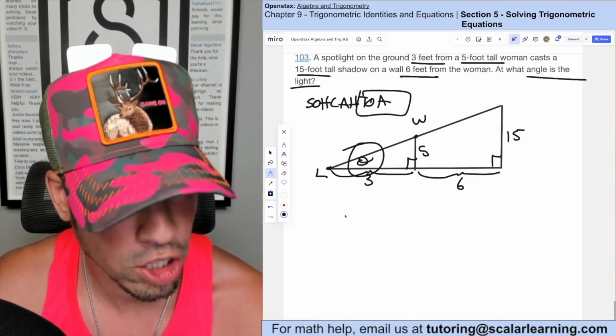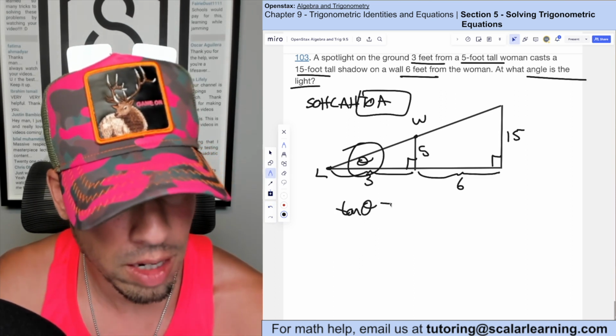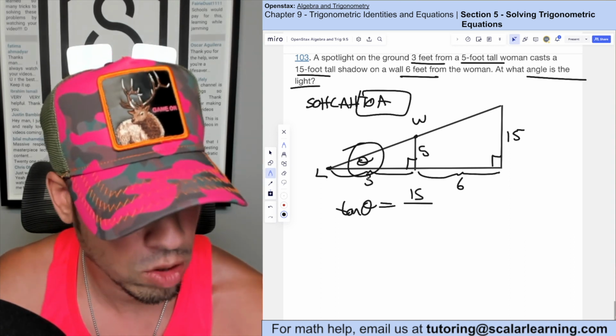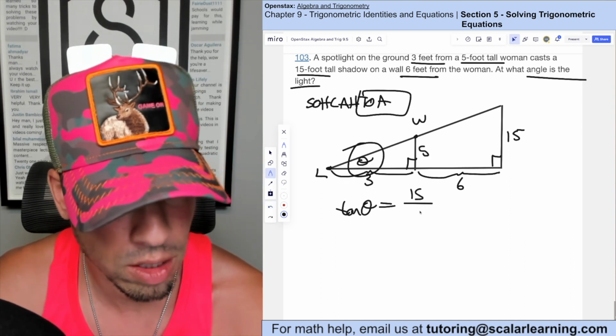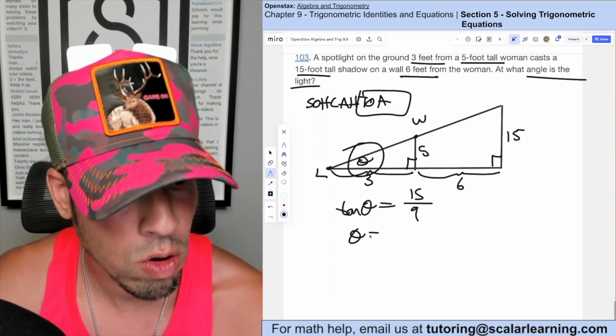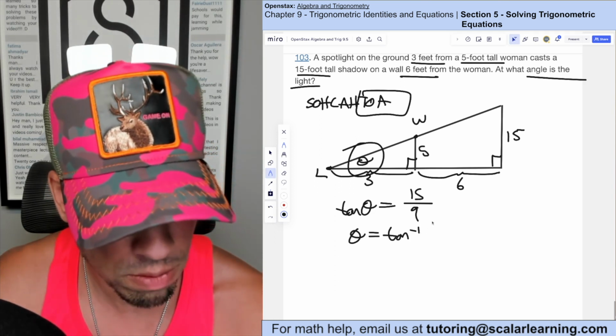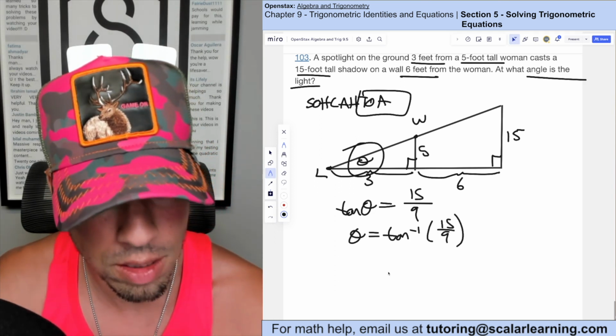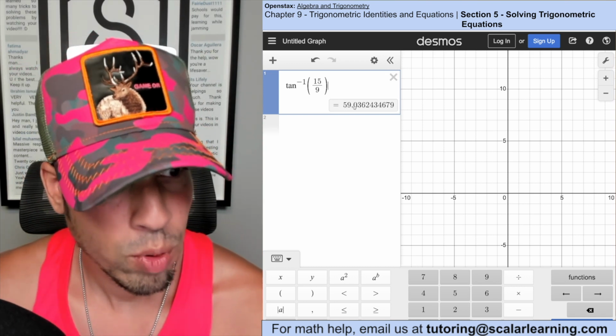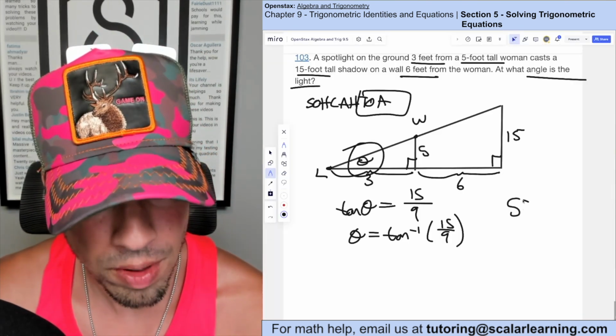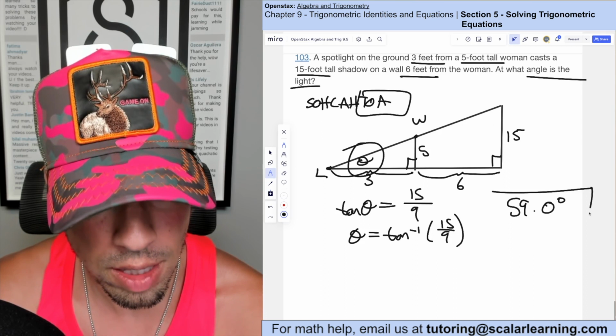Opposite, adjacent. So I got tangent of theta equals opposite, which is 15, over adjacent, which is these two together, which is 9. So to solve, we're going to take arctangent of 15 over 9. Let's do that in Desmos. So here we get 59.03. So that rounds to 59.0 degrees. That's how you do it.